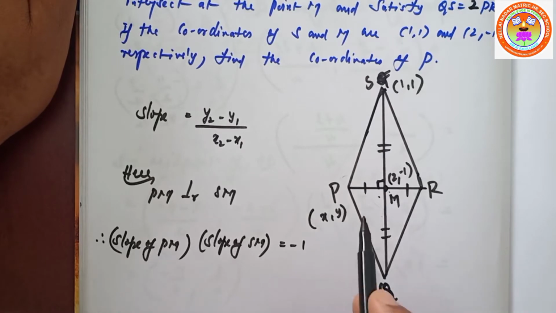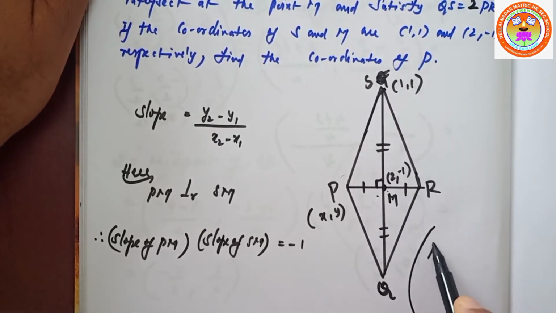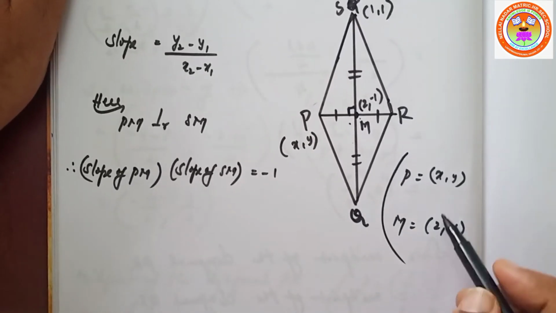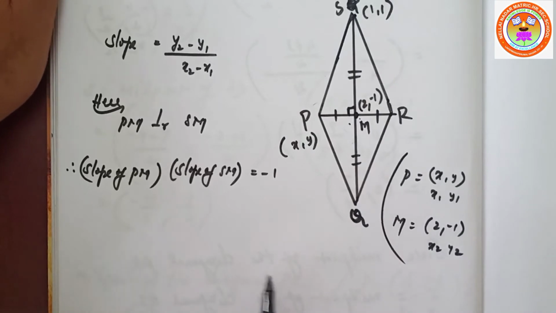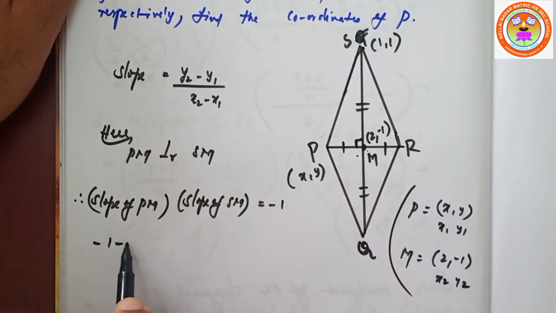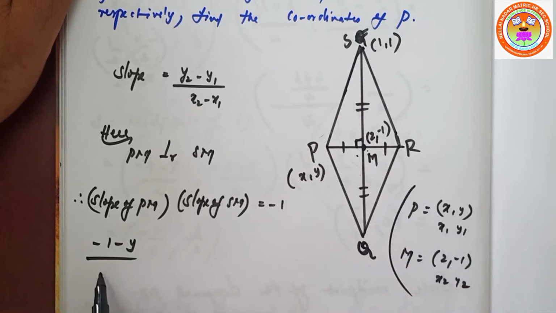Slope of PM: write the points P and M. P is (x, y), M is (2, -1). Consider as x1 y1, x2 y2. Substitute in the formula: y2 minus y1 is minus 1 minus y, divided by x2 minus x1, 2 minus x.